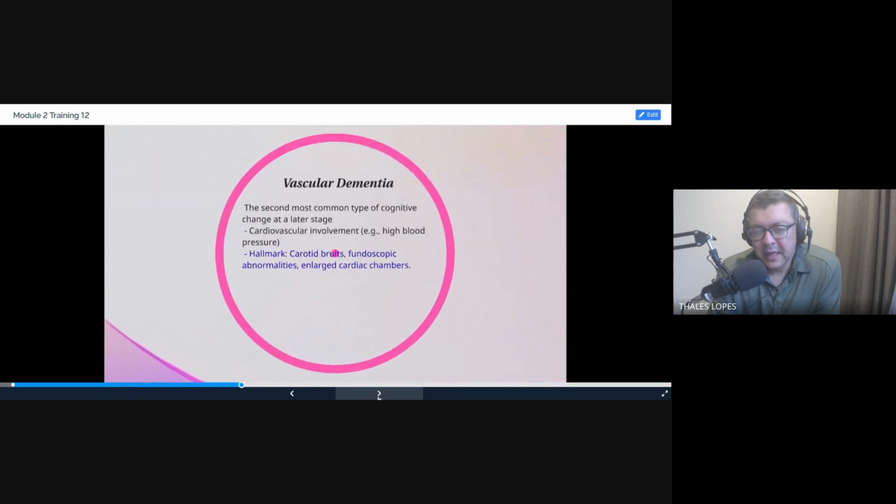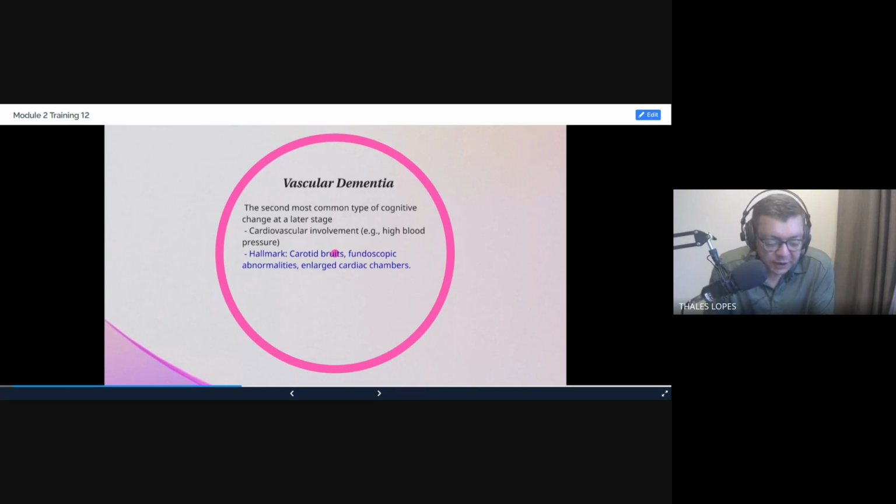So another one is vascular dementia. It doesn't really fall in between cortical and subcortical. It's on its own. Vascular dementia is the second most common type of cognitive change at the later stage. Cardiovascular involvement, as you can tell.